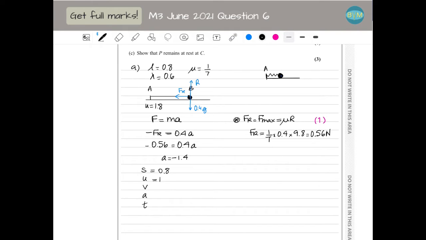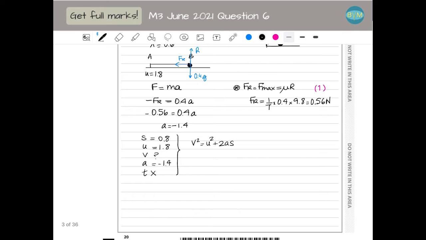Initial velocity is 1.8. Final velocity is what they ask, and acceleration is minus 1.4. And I don't need the time. So I'm going to use the SUVAT equation without time, which is this one: v squared is u squared plus 2as. I substitute everything that I know. So v squared, which is what I need to find, is 1.8 squared minus, because acceleration is negative, 2 times 1.4 times 0.8.